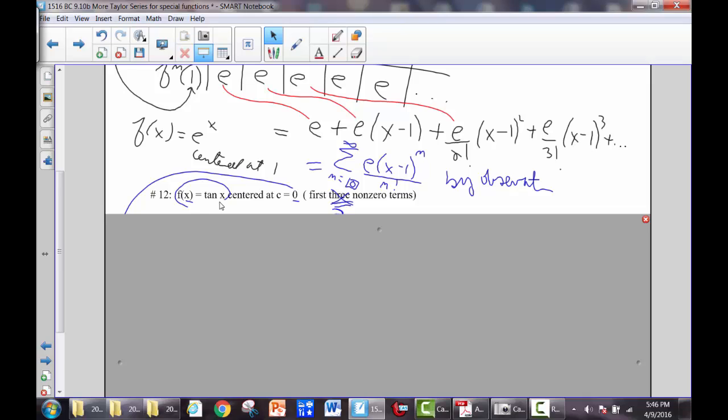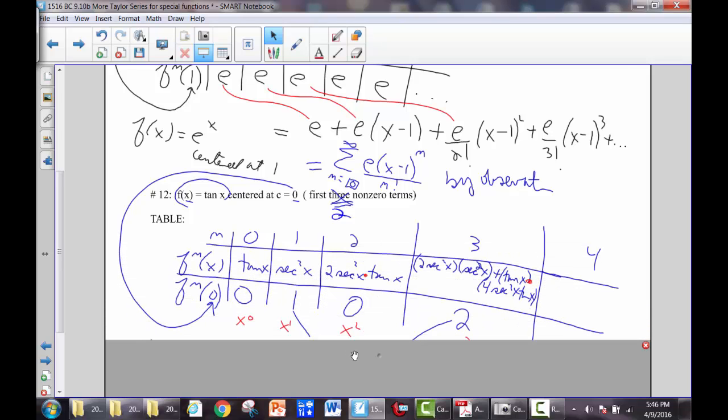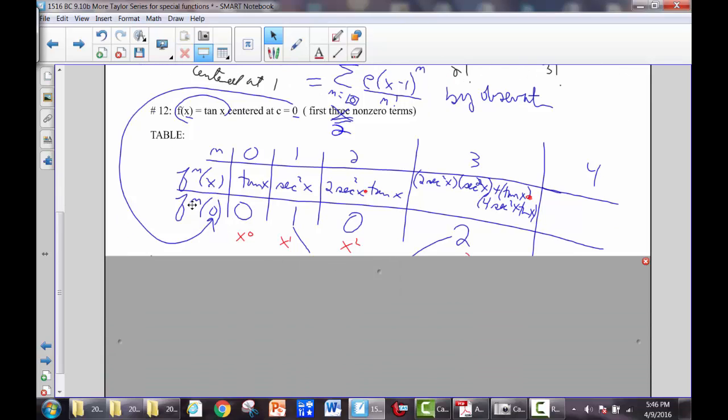Find the Taylor series for f of x equals tan x centered at 0. Let's just do the first two, because look at how ugly this gets. Derivative of tan is secant squared. Derivative of secant squared is 2 secant x times secant x tan x, and then you have this horrendous product rule, and you can imagine how it gets uglier. At least we're doing it at 0. The tan of 0 is 0. The secant of 0 is 1, squared is 1. This is going to give 0 times 1 times 2, which is 0.